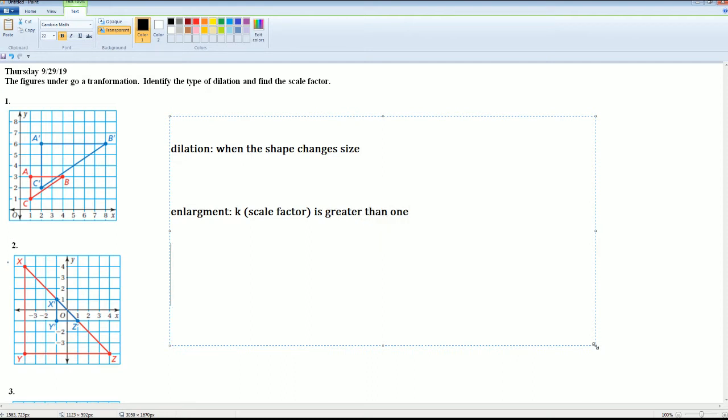And we have a reduction. In the sentence, reduction means to reduce, when the K or the scale factor is less than 1 but greater than 0. Okay, make sure you understand that.